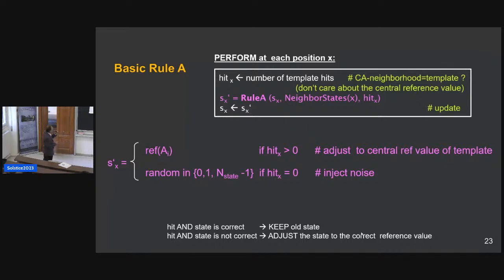And if we find one or more hits, we adjust the state of the cell to the central value of the template. This is, let's say, the correct value.